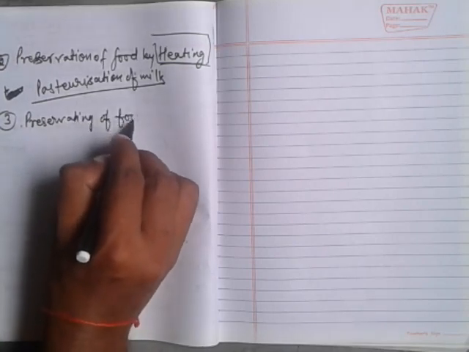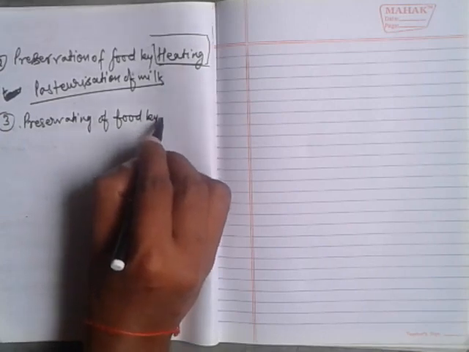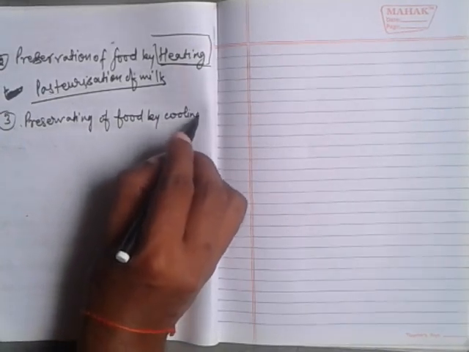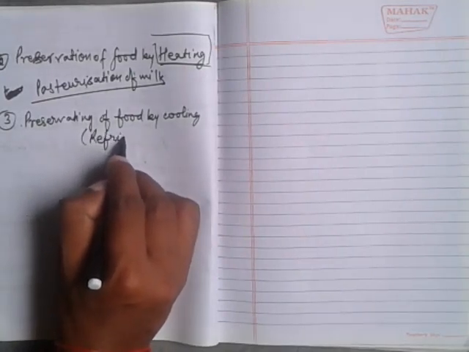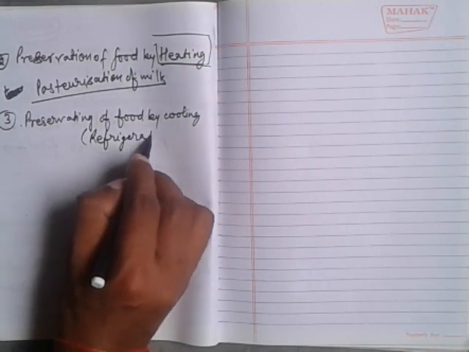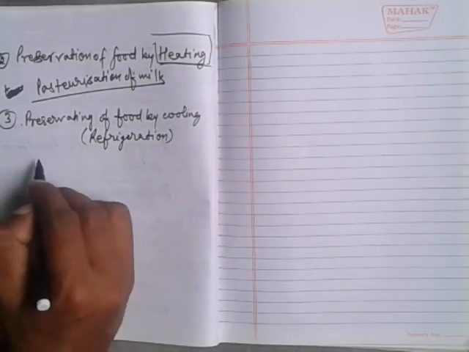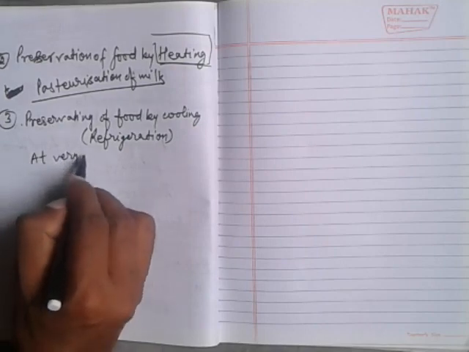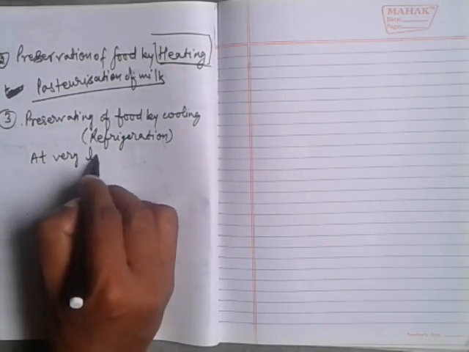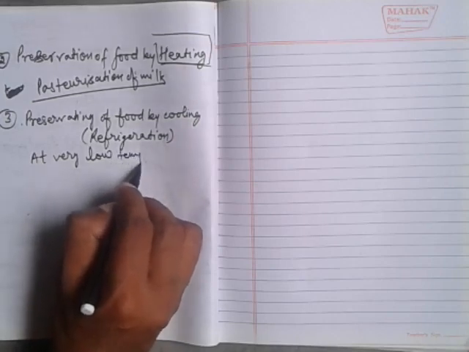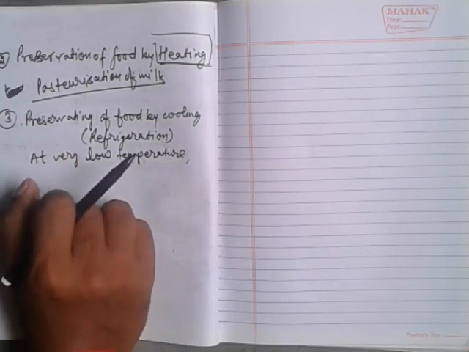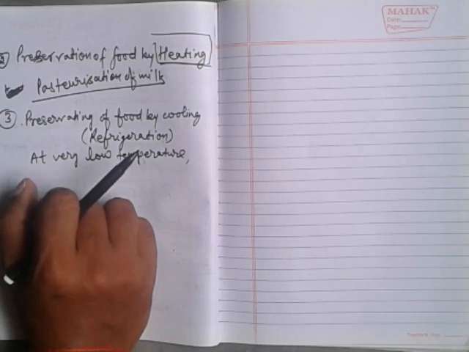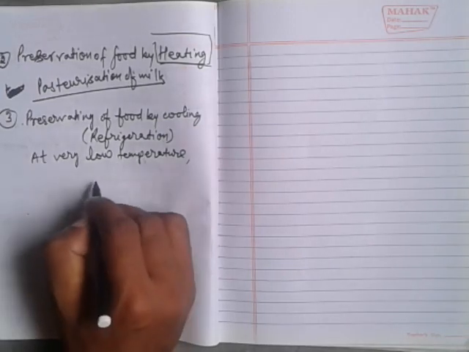We can also preserve the food by cooling or refrigeration, because at a very low temperature, the growth of microorganisms is inhibited.